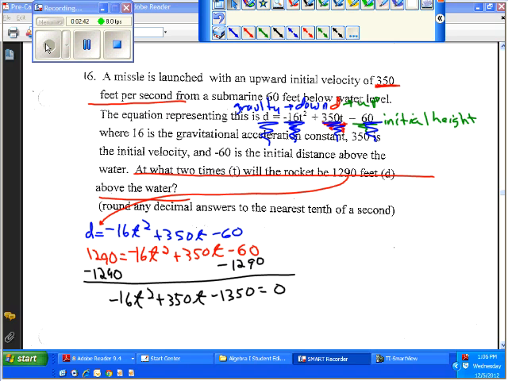So now our quadratic is in standard form. Now we can identify the a of the quadratic as being negative 16, the b of the quadratic as being 350, and the c of the quadratic as being negative 1,350.